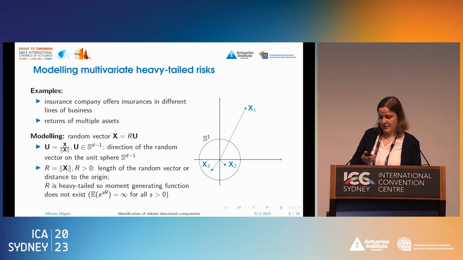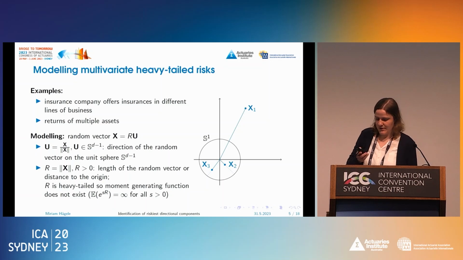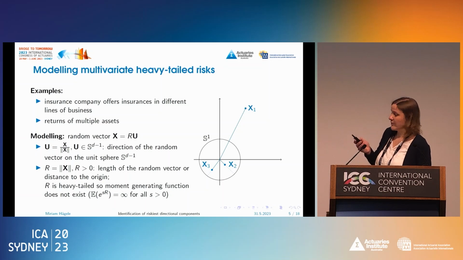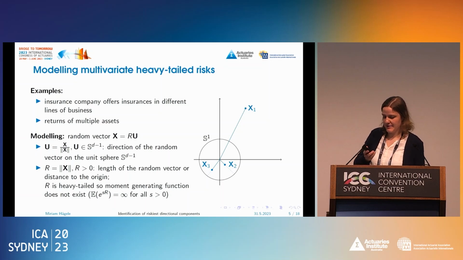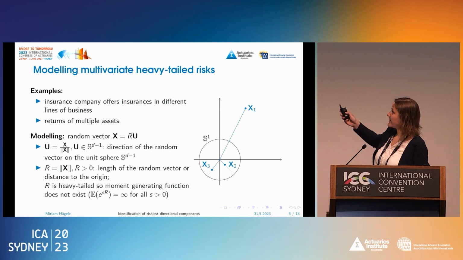Mathematically, we look at random vectors. I always write them in bold symbols. So we have these random vectors X, and here we have some outcomes of these, x1, x2, x3. In this paper we always write them as R times U, where R is the length of the random vector, so how long is this line?